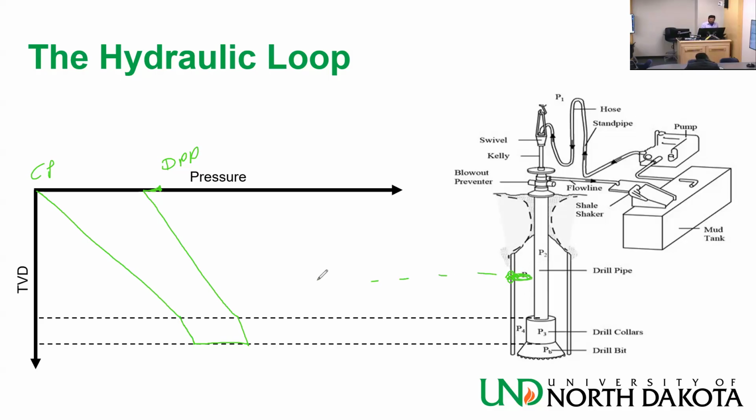My pressure is this value, right? At this depth, my pressure is this value, right? Can I say at every depth I have a pressure? In fact, at every depth I have two pressures most of the time: the one inside the drill pipe and the one in the annulus.